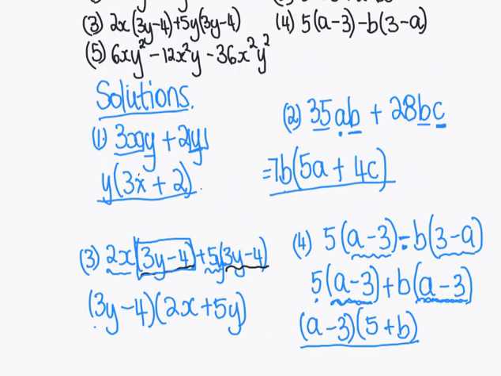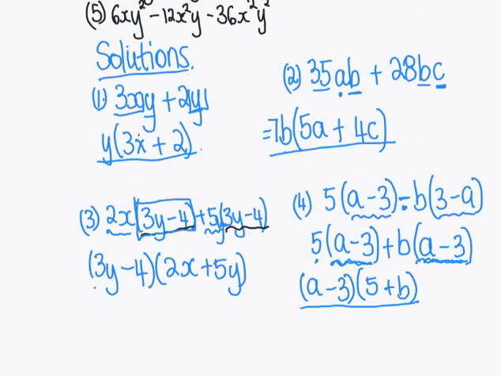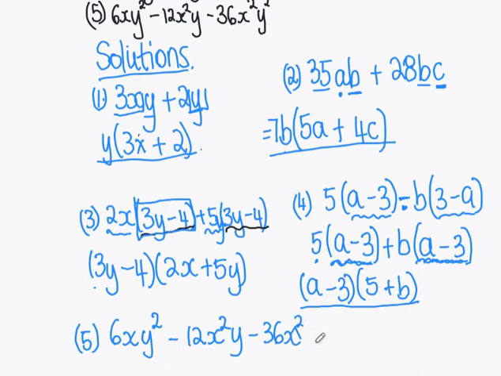So we're just going to look at number 5. Number 5 is 6xy squared minus 12x squared y minus 36x squared y squared.